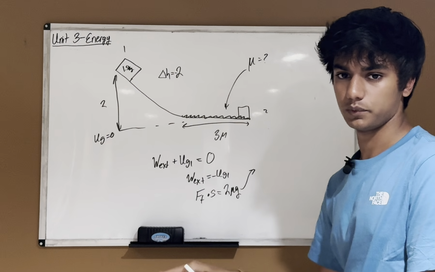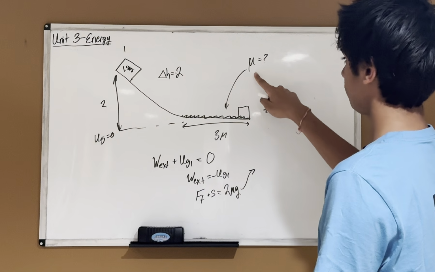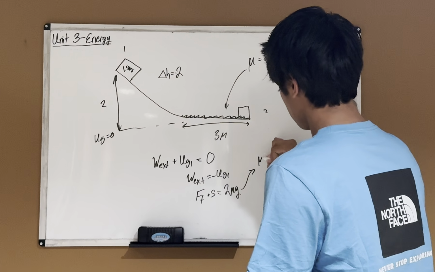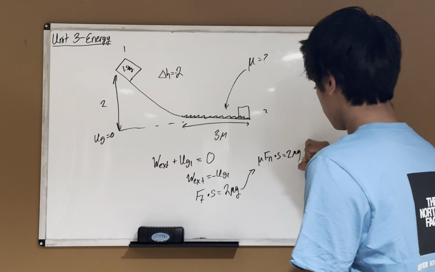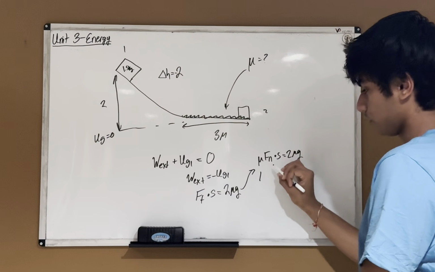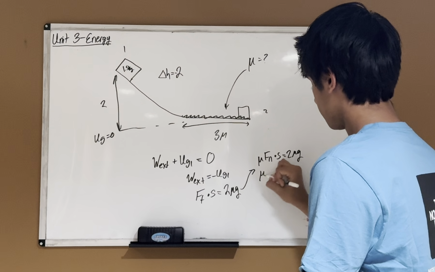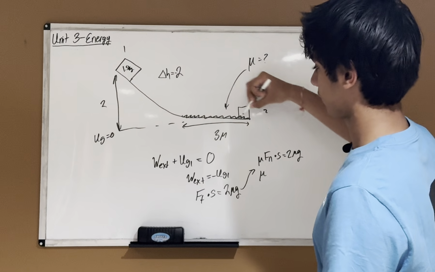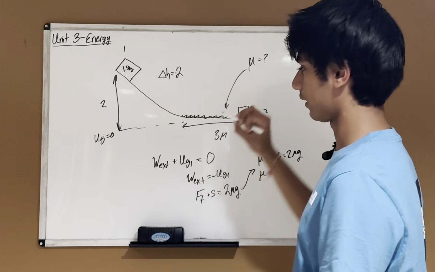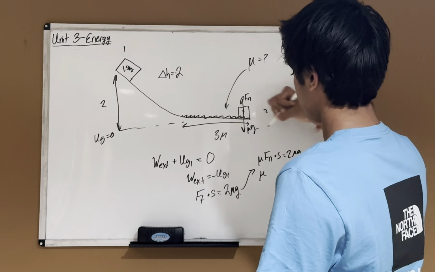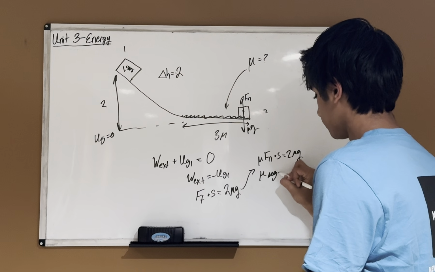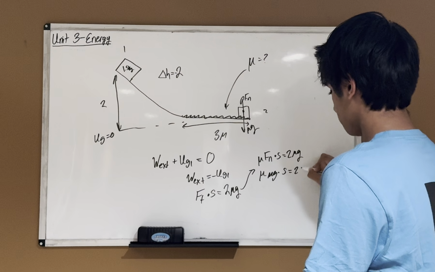The force of friction is equal to mu, or sorry, coefficient of friction times force normal times S equals 2mg. And we know that force normal is equal to mg. We're not looking up here, we're looking down here because this is where the work is being applied. And so the force normal is equal to mg based on a free body diagram. So mg times S equals 2mg.